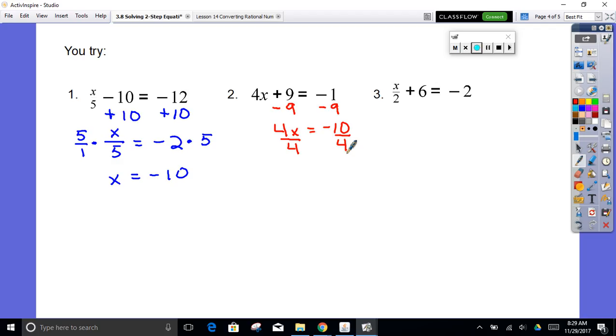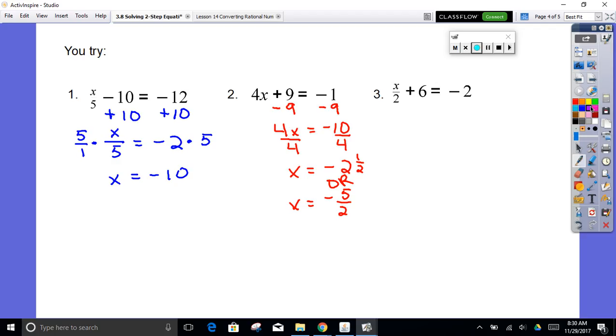Get x equals -5/2. Good. If you kept it improper, you would say x equals -5/2. You would still want to reduce it, but you could leave it like that. So either is fine. Okay, any questions about that one?